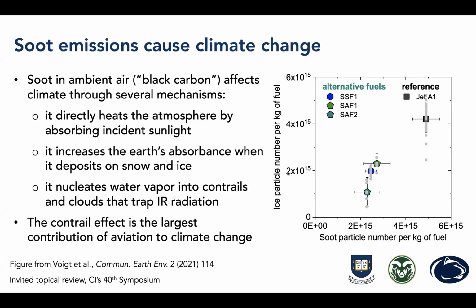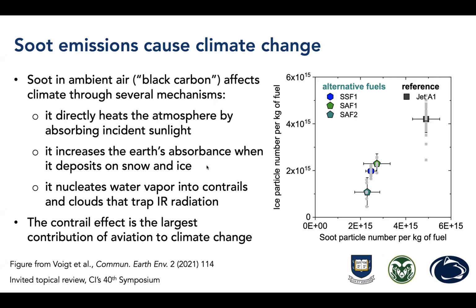So as we said, soot emissions cause climate change. This is a figure from Voigt et al., where they've looked at ice particle number per kilogram of fuel versus soot particle number per kilogram of fuel. Now, why is this important? Well, soot directly heats the atmosphere by absorbing light.